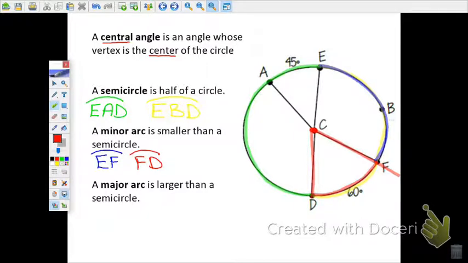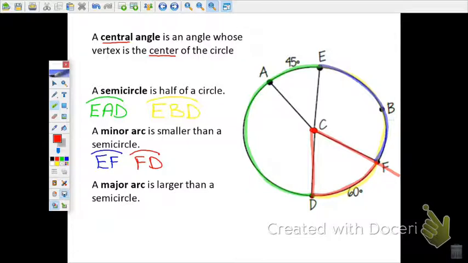So when that angle is drawn in, the part of the circle between or inside that angle is where that arc is being formed. So a central angle, and then we can see its minor arc.